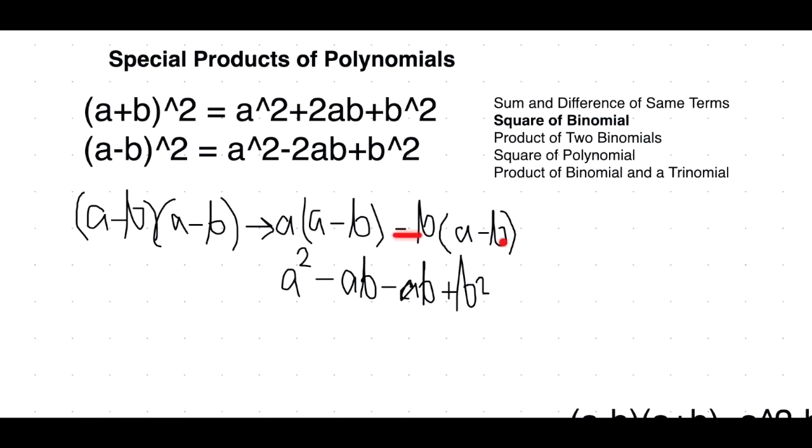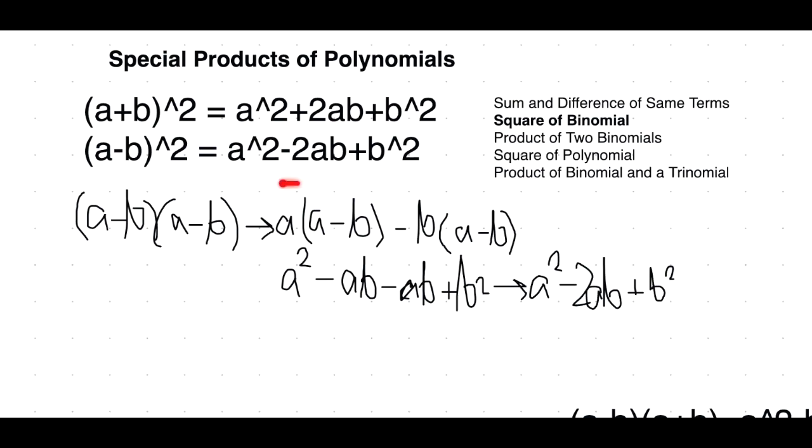And then once again, minus ab and minus ab again, so it's 2 of minus ab. So it can be rewritten as a squared minus 2ab plus b squared.